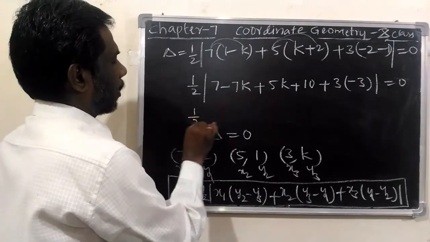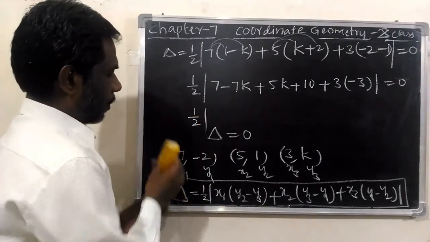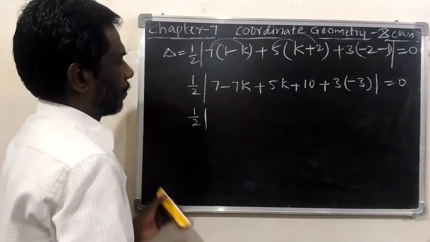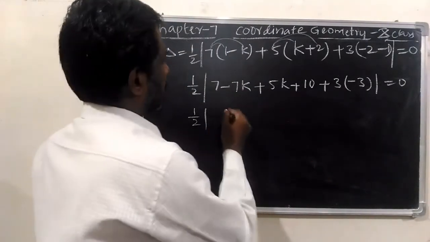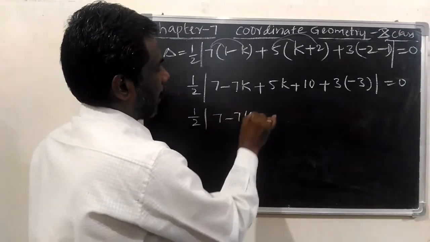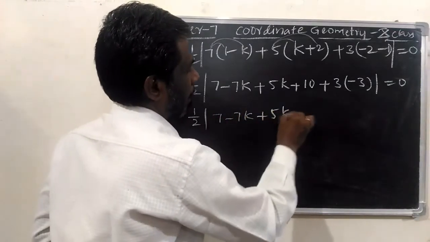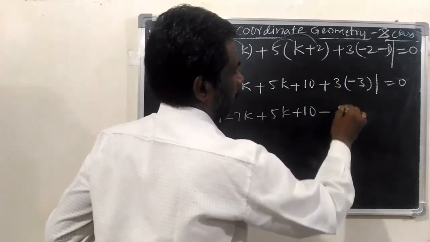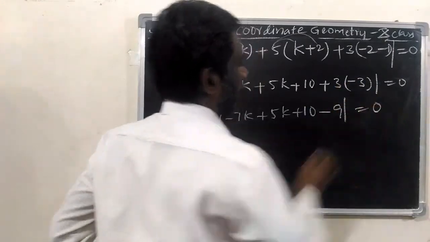Next, 1/2 mod of 7 minus 7k plus 5k plus 10 plus 3 into minus 3, 3 3s are 9, equal to 0.